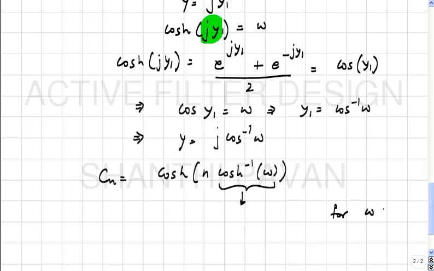For omega less than 1, what is this? J cos inverse omega. Okay, and this is cos hyperbolic.